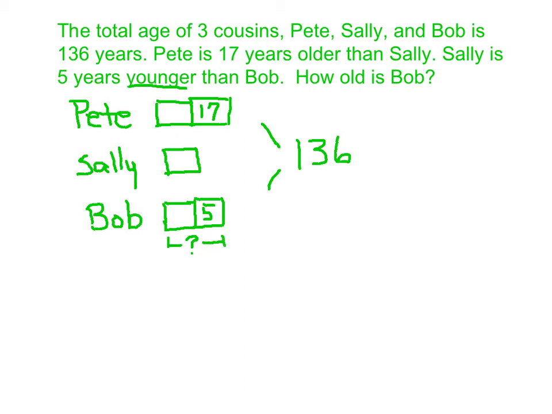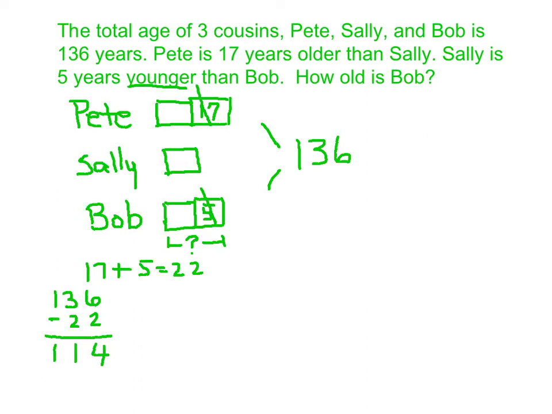All right, I think I'll use the strategy of trying to get equal boxes. I'll do that by crossing out the 17 and the 5. So 17 plus 5 is 22. 136 total minus the 22 would leave me with 114 years.